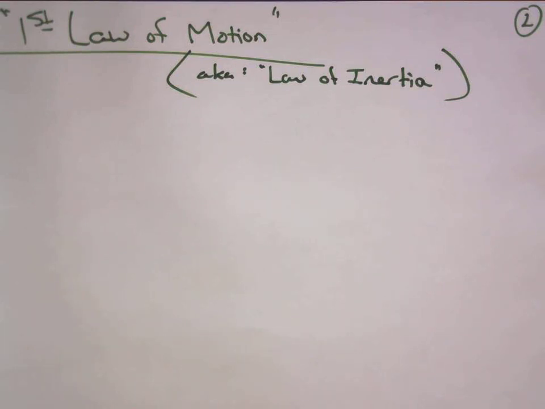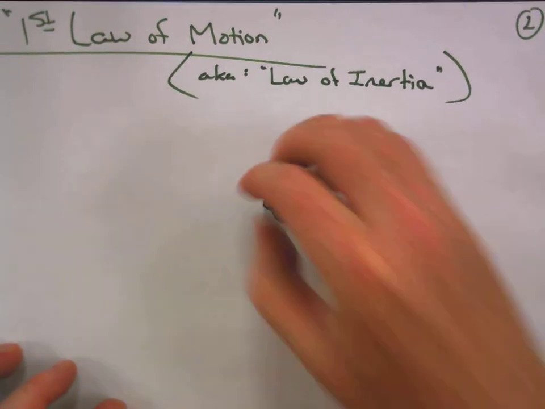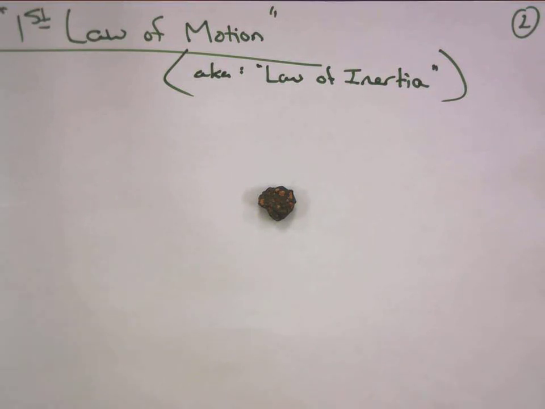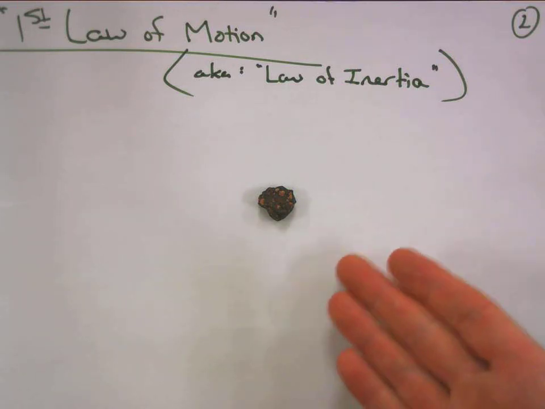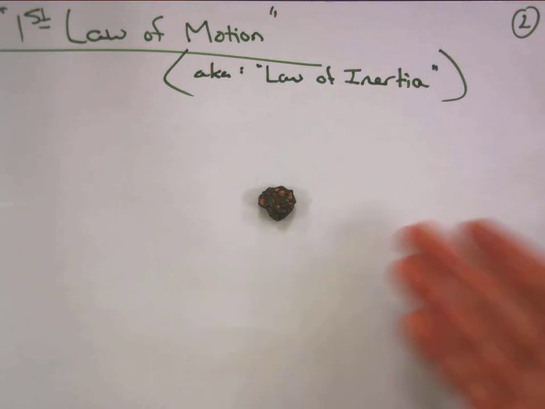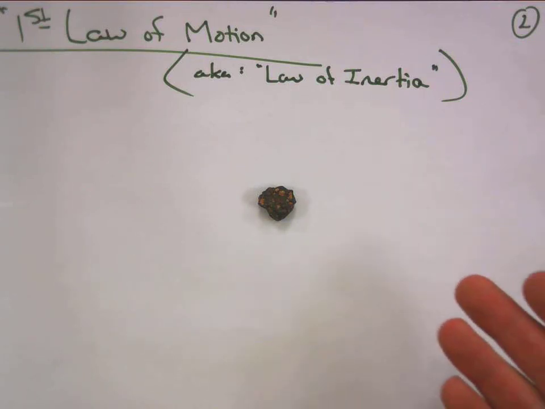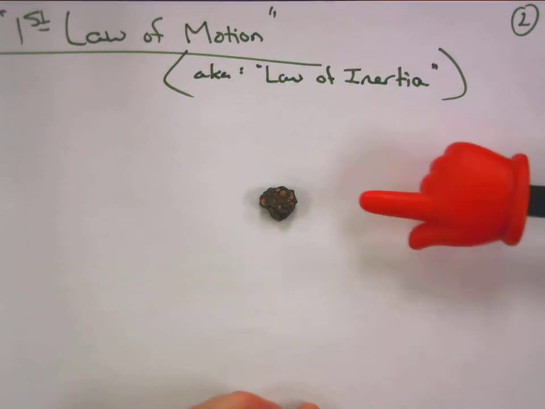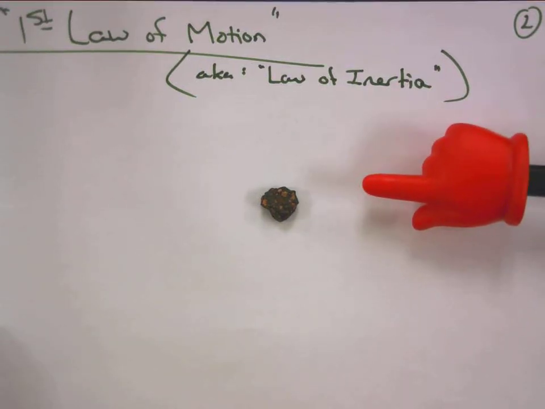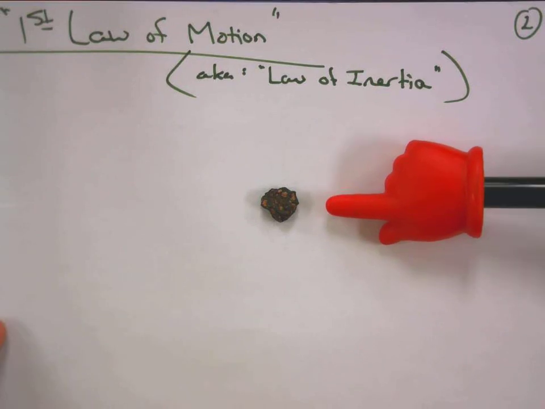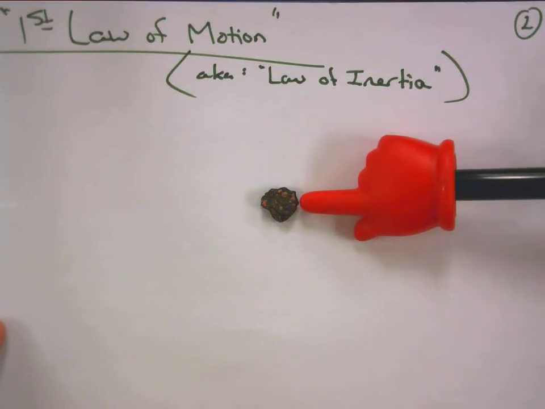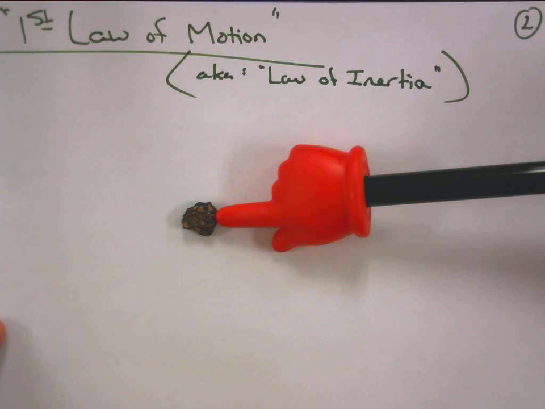So check this out. We have an object. There's my asteroid, my space rock. No, really, it is. I swear. And so we can observe this thing. There it is. There it still is. And it's still there. And so now the thing is, well, I want to get this thing to do something. So I kind of have to apply a force to it to get it to do something.